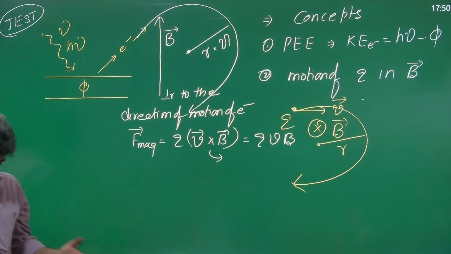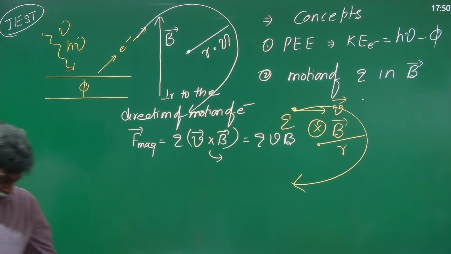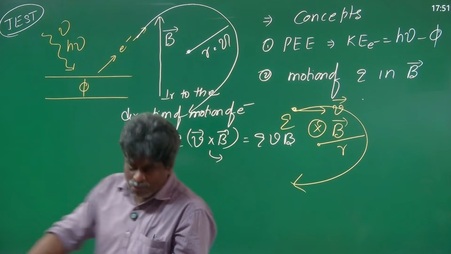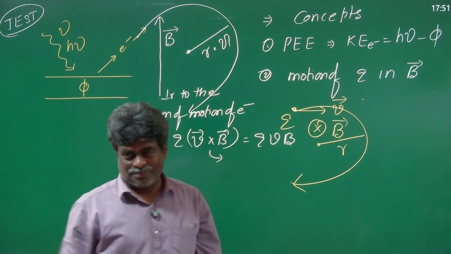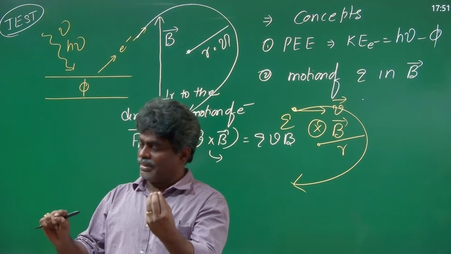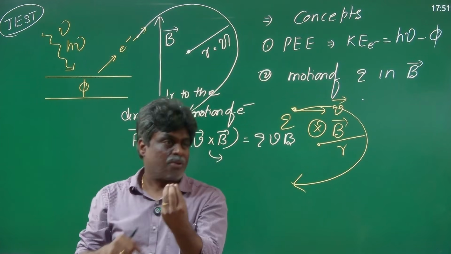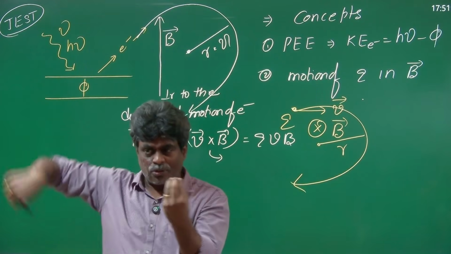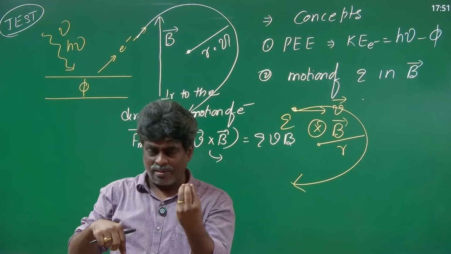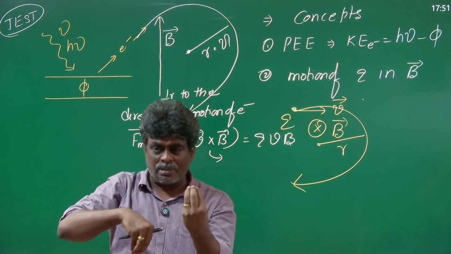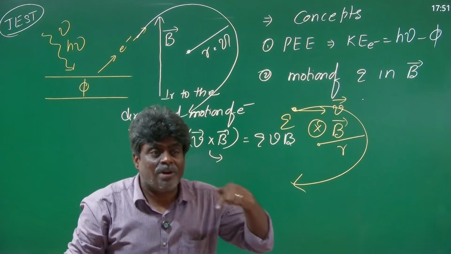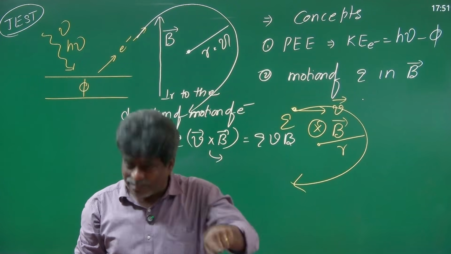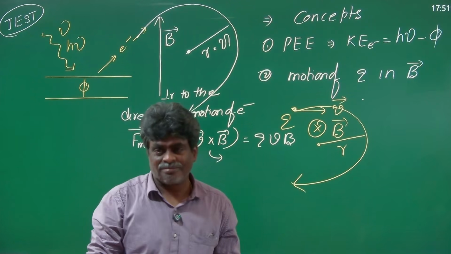Now, for example, I want to make a circular path. What do I need? Centripetal force. If you have a nucleus and the electron is revolving around the nucleus, according to Bohr it is a circular orbit, according to Sommerfeld an elliptical orbit. According to Bohr, the electron moves in a circular orbit because someone is supplying the necessary centripetal force.